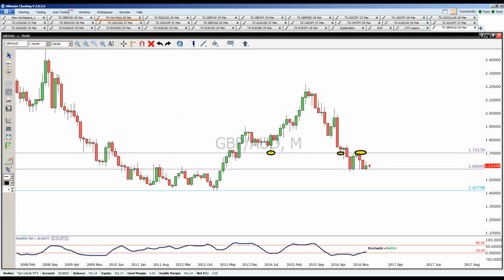Then it acted as resistance. So we know at that pivot at 7213 we will have resistance, and at this pivot at 1.6 figure we will have support. Right. So there we go.